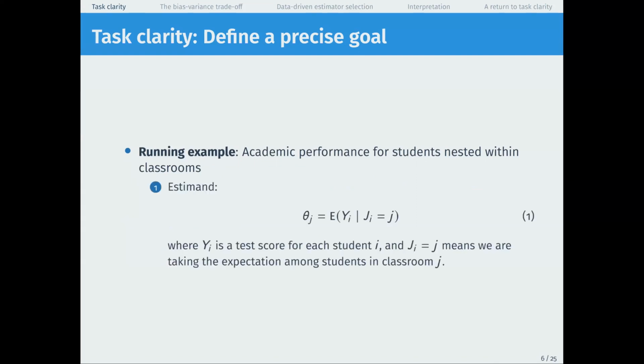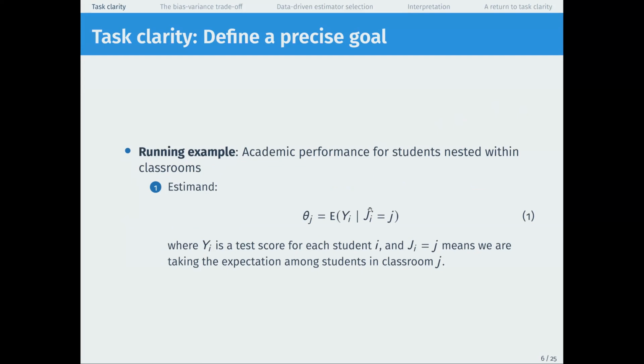For those who like to speak in math, I'm going to say this in math, and for those who don't, I'll also say it in English, so you can follow along in the math or in the English or in both. Our research goal here is to estimate some unknown quantities. For each student indexed by i, there's a test score, Y sub i. That student is also nested in a classroom.